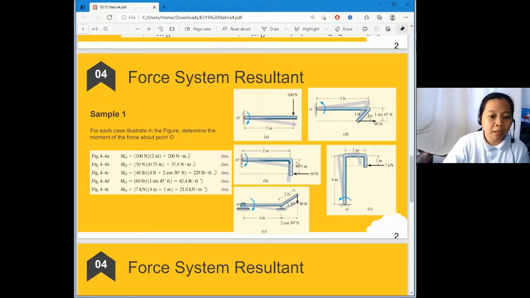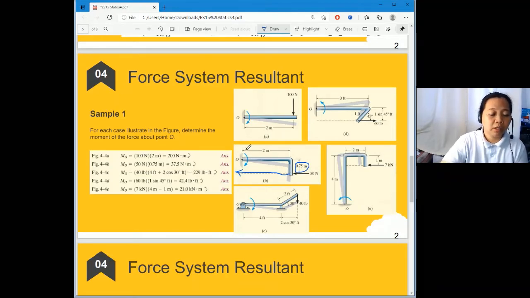Because it is the perpendicular distance from point O. If you translate the 50 Newton at its point of application, of course, this distance is 0.75.